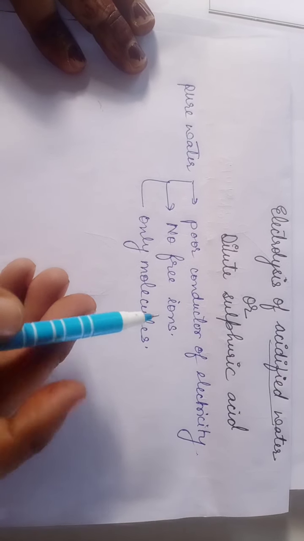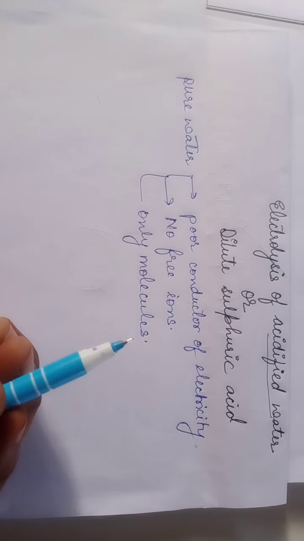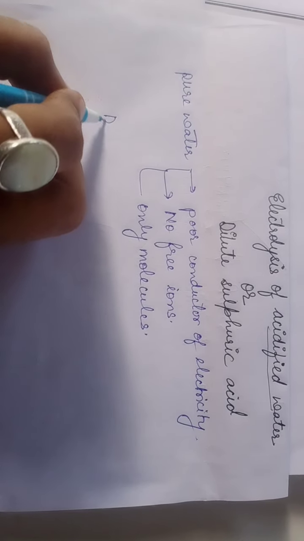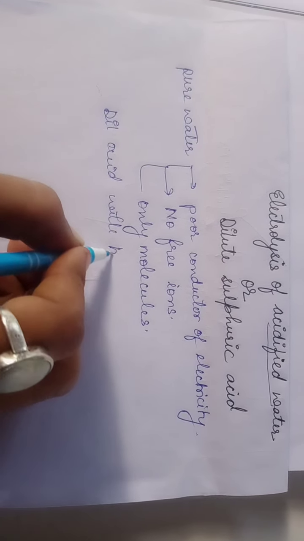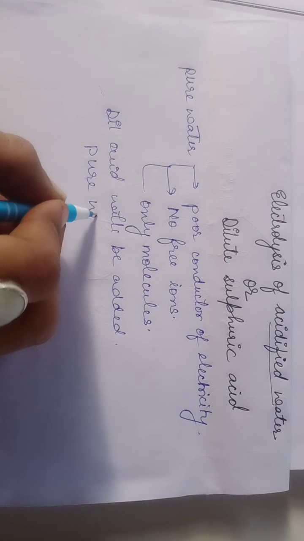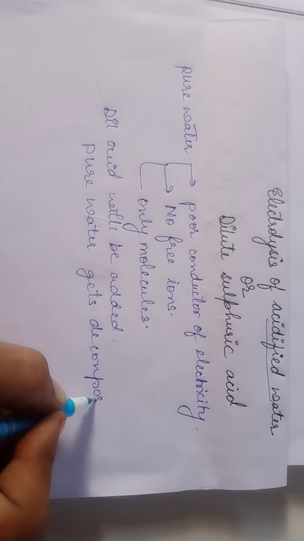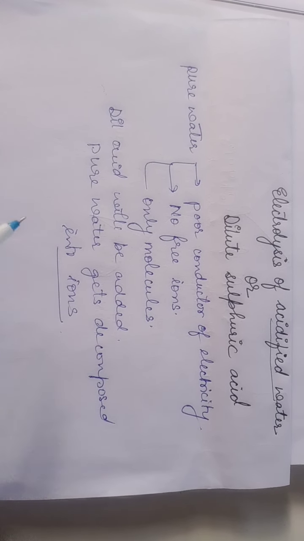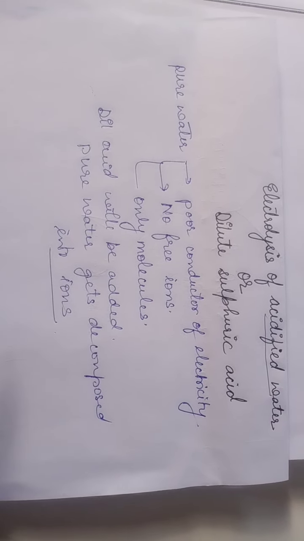So to make pure water conduct electricity, we will add some dilute acid, so that the water gets decomposed into ions, because we want ions, yes or no. What is responsible for the production of ions here is that we add a little amount of acid to it.